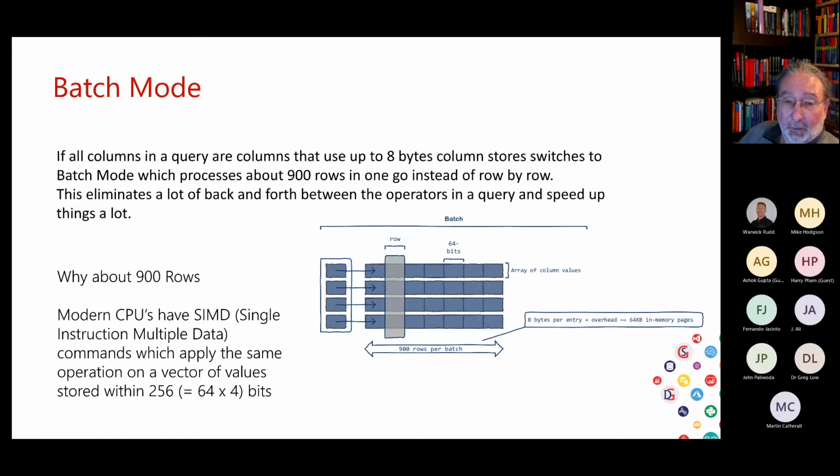And if you take 900 rows with 64 bits of data for each row, plus a couple of bytes of overhead and entry, you end up with 64 kilobytes. And the way column store uncompresses data is into 64 kilobyte blocks. And then they can run through that. And currently that's about 900 rows per batch.